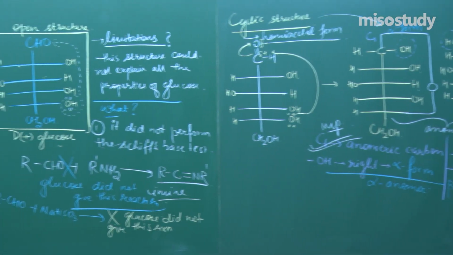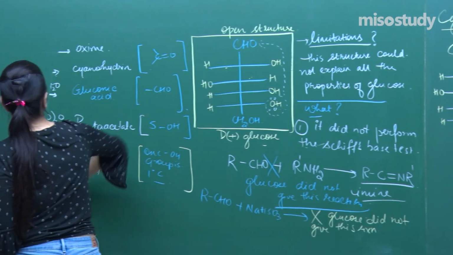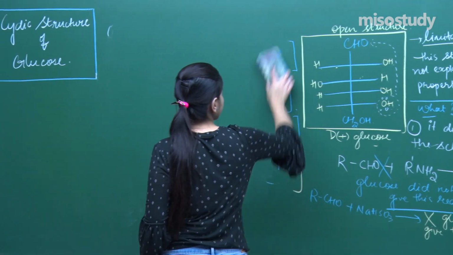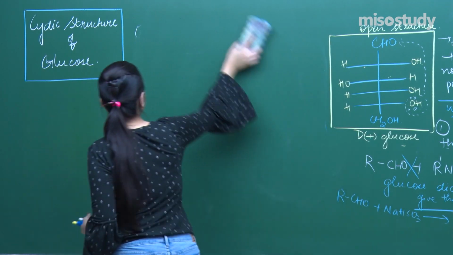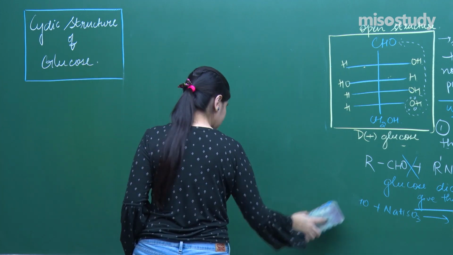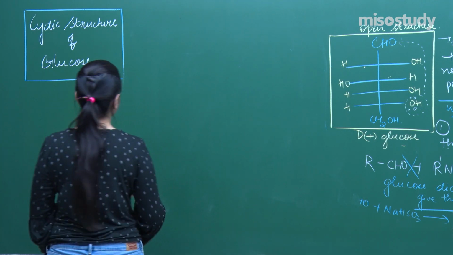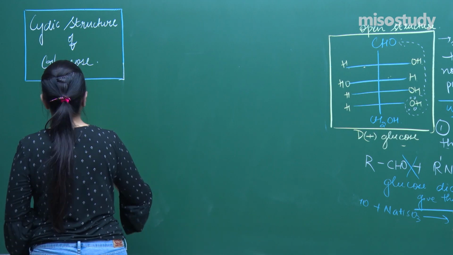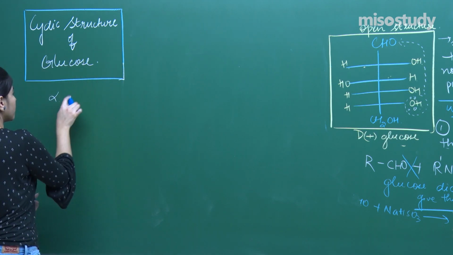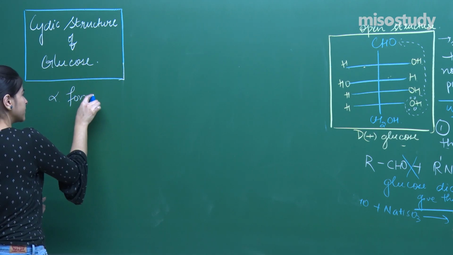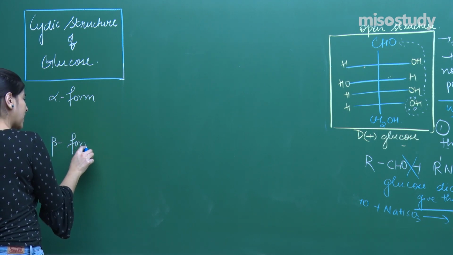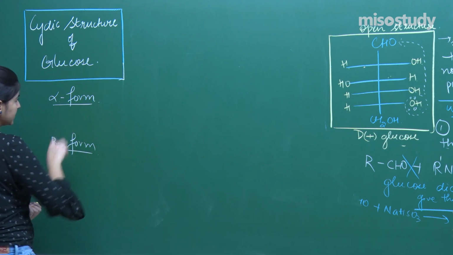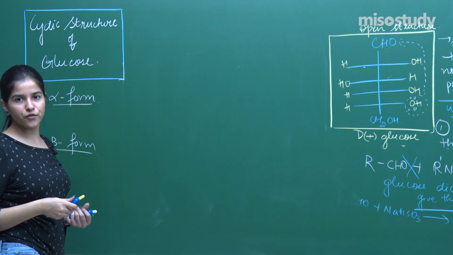So I've got the alpha form and I've got the beta form for it, right? So there has been a little information about both of those forms basically.